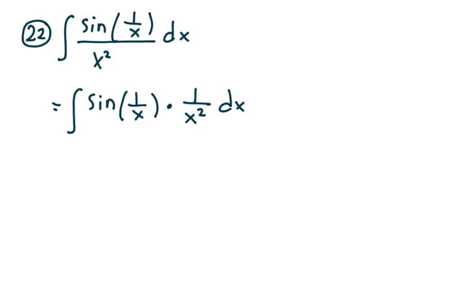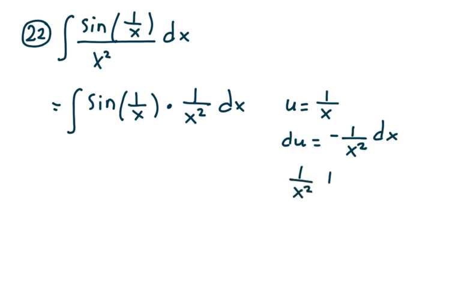And so the inside function is 1 over x, so I'm going to let u equal 1 over x. du is negative 1 over x squared dx. So if I solve for 1 over x squared dx, I get negative du.